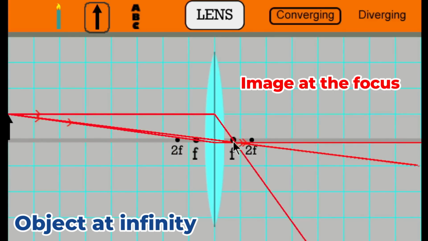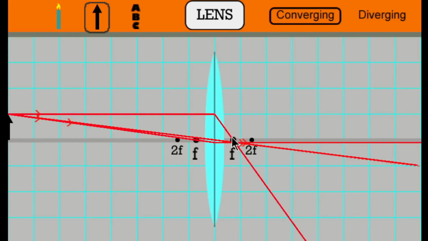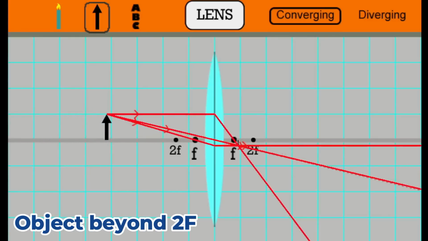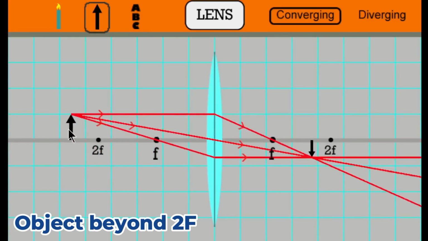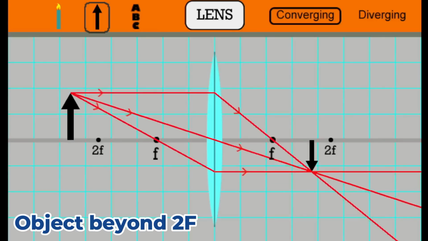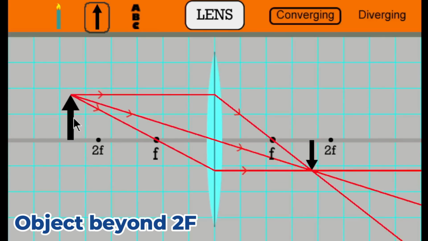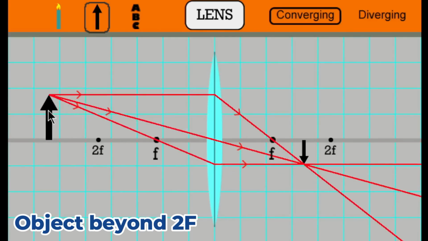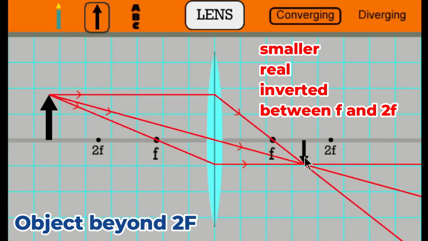Now, if we try to move the object such that it will be beyond 2F, ayan, what you can see is that the image formed is smaller, real, okay, kasi nandun siya sa right side, inverted, and located in between F and 2F.